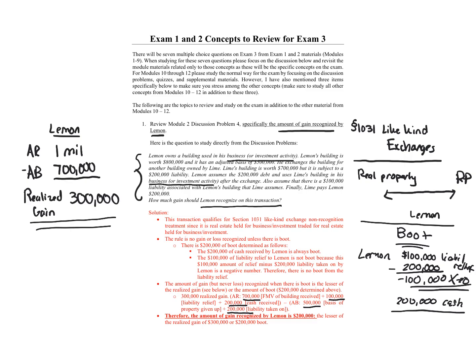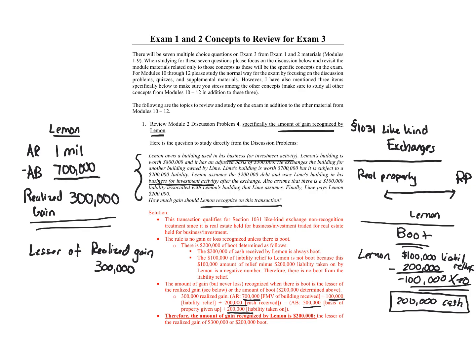So what does that mean? The only boot received here by Lemon is $300,000. Okay, the question is asking just for the recognized gain. Easy. No basis, just recognized gain. And the rule is when you have boot, it's the lesser of the realized gain, which here is $300,000, and the boot.